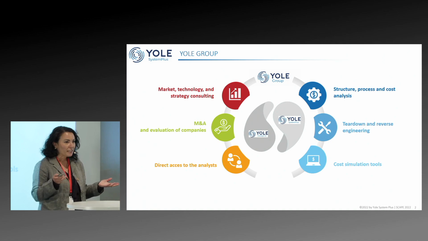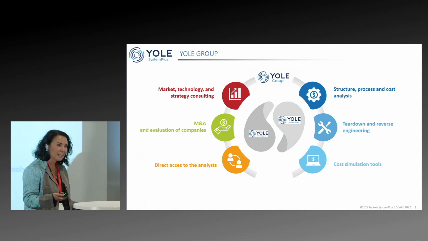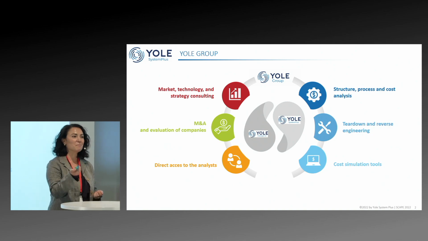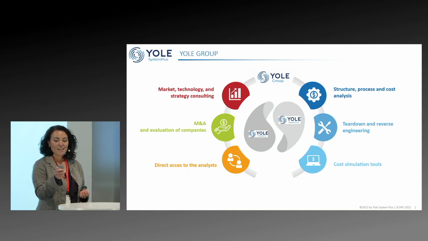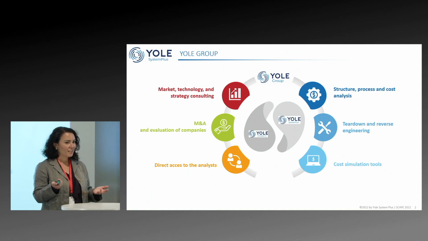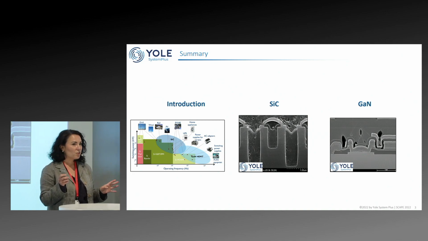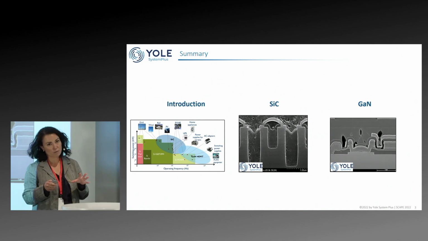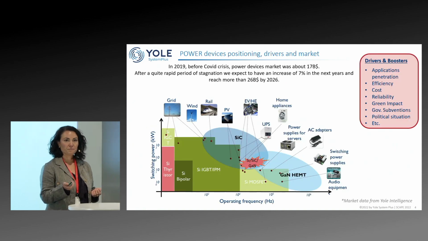Maybe I will repeat something that you already heard many times in these two days, but I will summarize a bit, since I will talk about what is available in the market at present, from a technical and cost point of view. I will make a really short introduction, then I will focus on silicon carbide, gallium nitride, and then I will conclude.